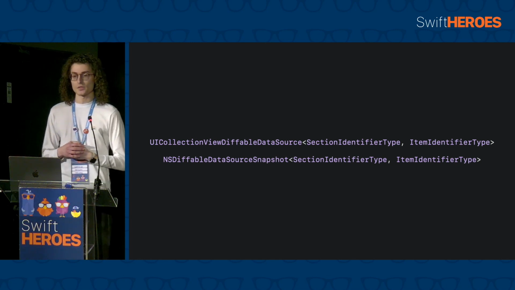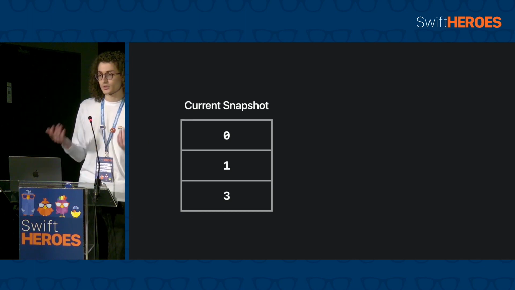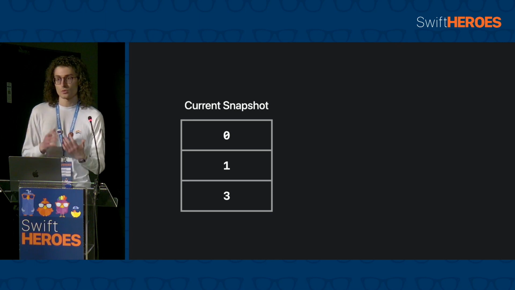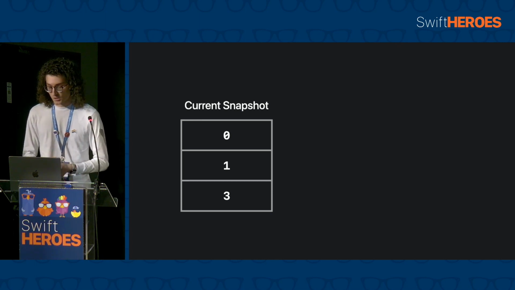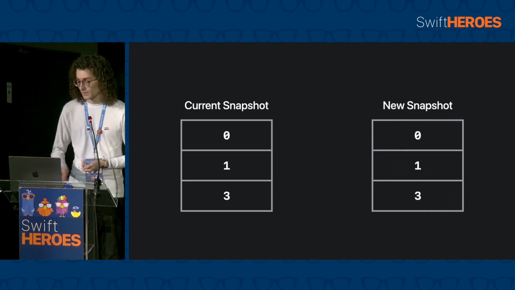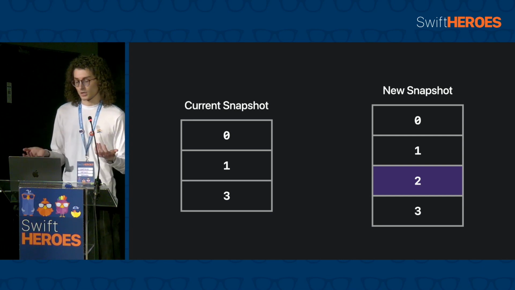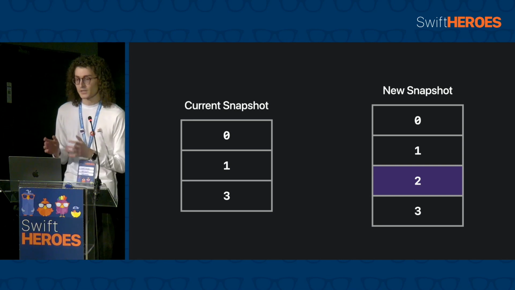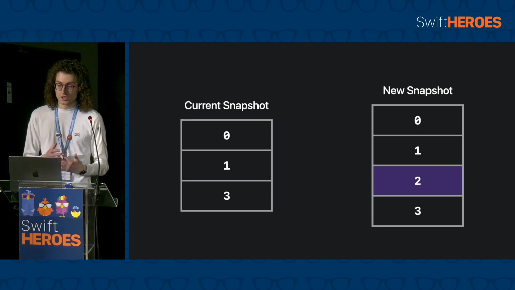But let's stop for a second to think why they're called diffable. So we'll get the current snapshot of our data source. And we can see it contains items 0, 1, and 3. And all of these items are identified by numbers. So we'll get a copy of this snapshot and then modify it and insert an item identified by the number 2 between items 1 and 3. So we apply this snapshot on the data source, and it will understand what has actually changed by comparing it to the previous snapshot.